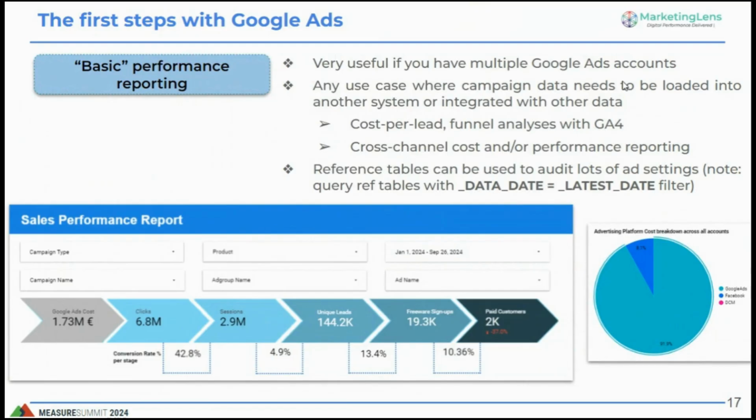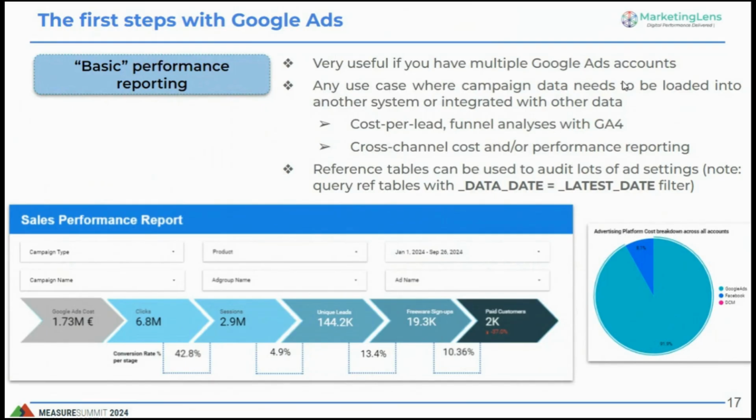And there's also any use case where you need to load campaign data into another system or integrate it with other data. For example, usually with GA4, if you want to calculate cost per lead or cost per acquisition, you want to create funnel analysis and you want to break them down by traffic sources and the costs associated, then it's very useful.